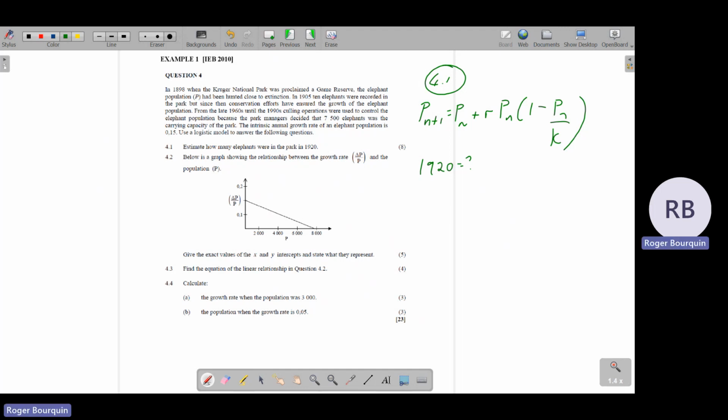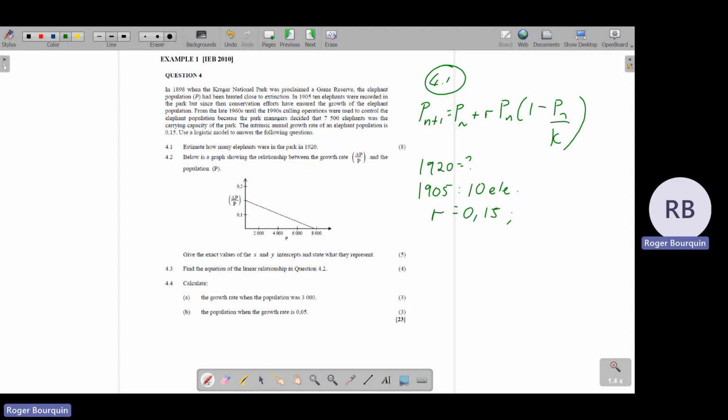Right, what did they tell us? They told us in 1905 there were 10 elephants. We want to know how many there are going to be in 1920, right? Do we know R? Intrinsic, what's R equal to? 0.15.